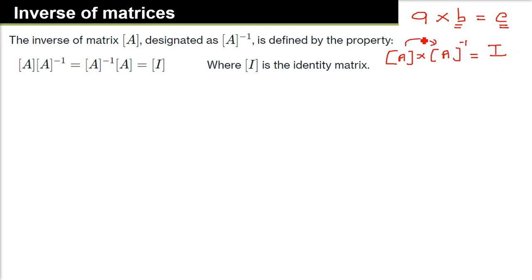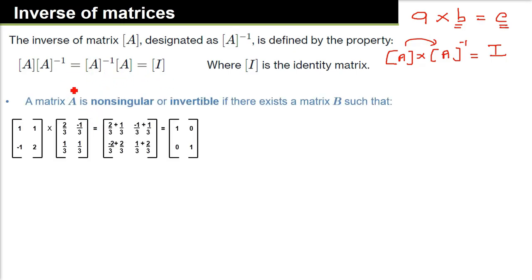So A multiplied by A inverse should give you the identity matrix, and this is the inverse of the matrix.